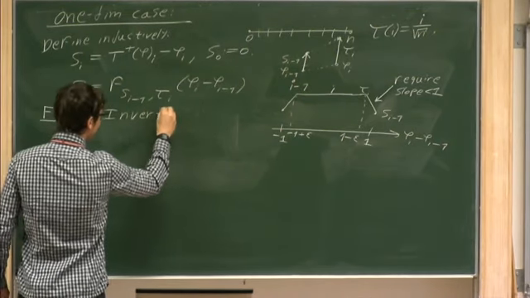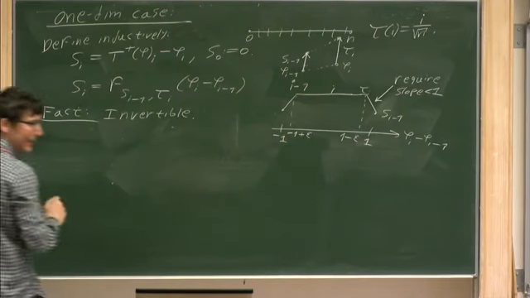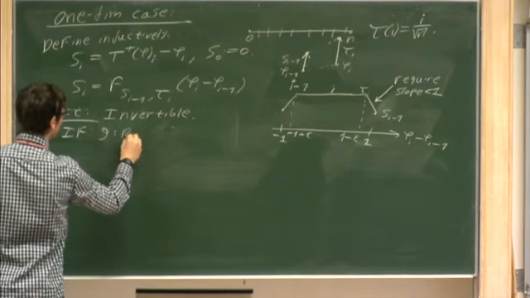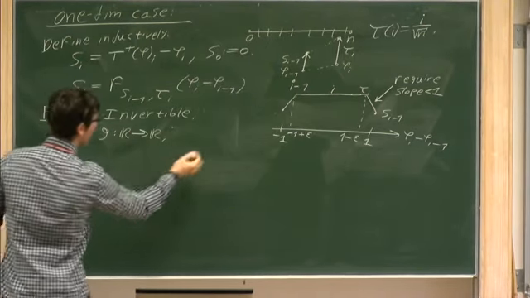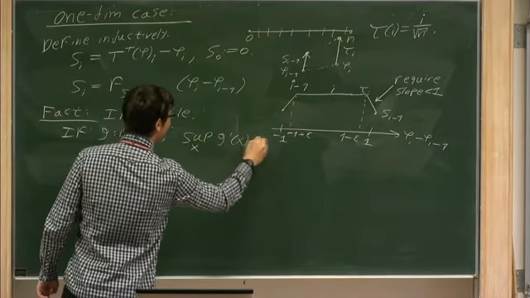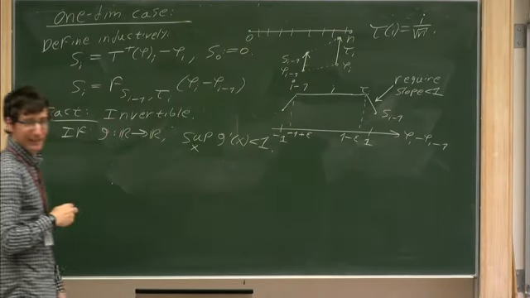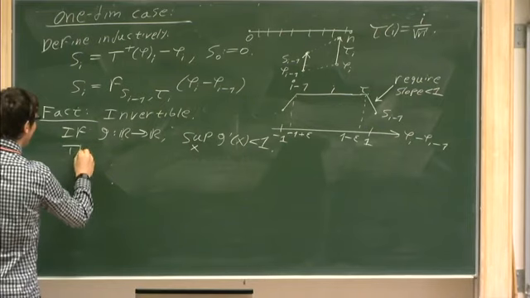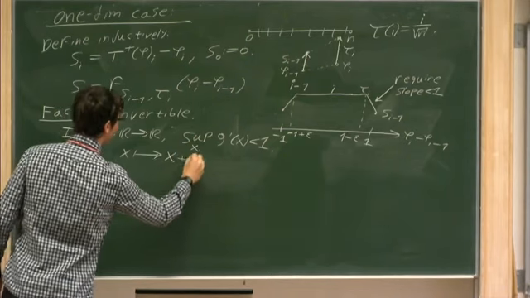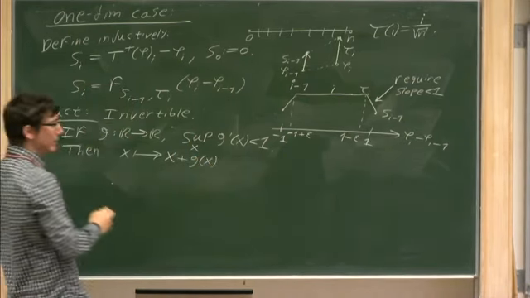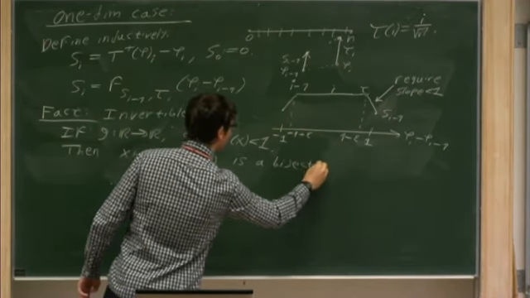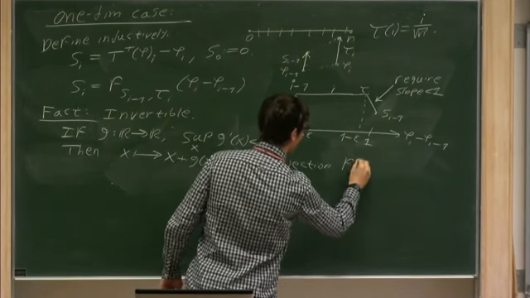Well, it really is based only on the following simple calculus fact: if you have a function g from R to R, whose second derivative is bounded above by something strictly less than 1, then the mapping x goes to x plus g of x is a bijection from R to R.